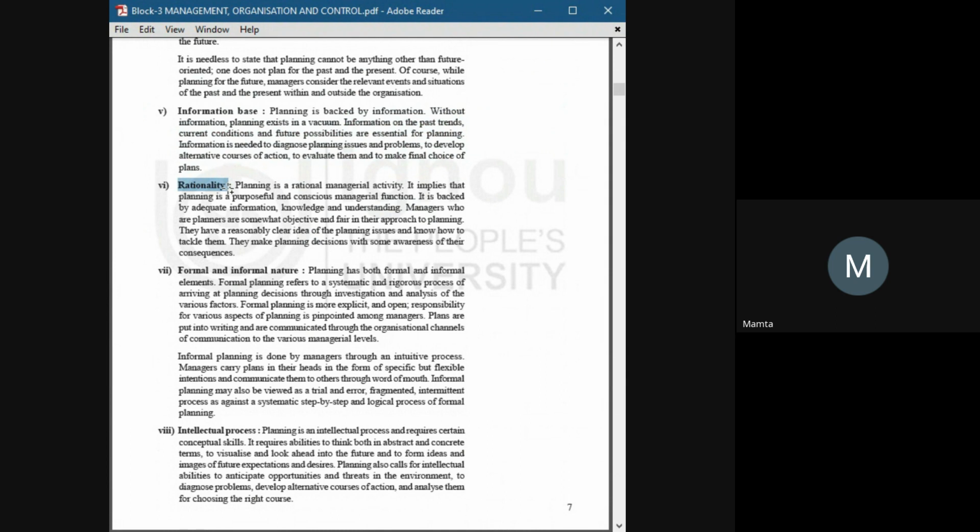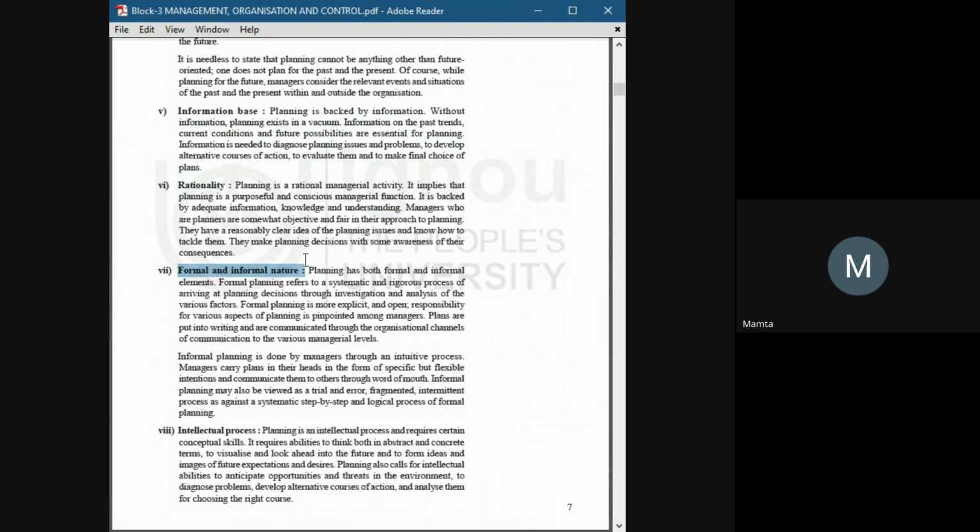Now, formal and informal nature. Planning is of formal and informal nature both. Planning has both formal and informal elements. Formal elements refer to a systematic, rigorous process of arriving at planning decisions through investigation and analysis of the various factors.